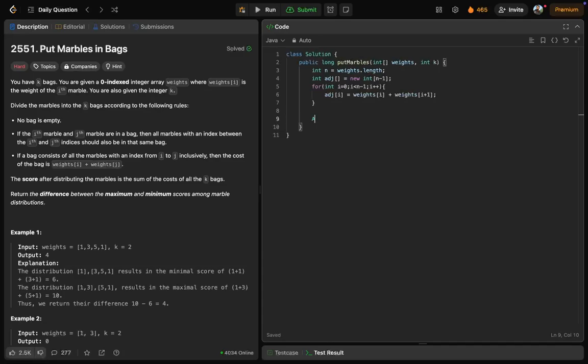Then we need to sort it. Then we select k minus 1 values.